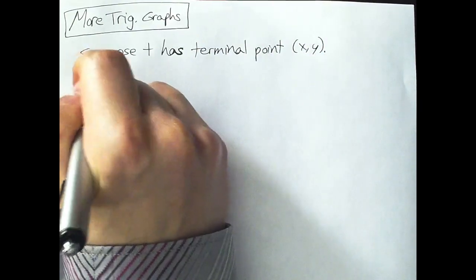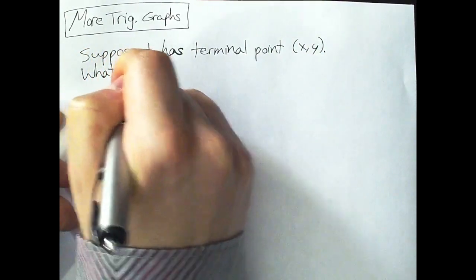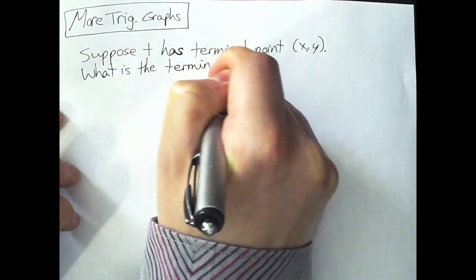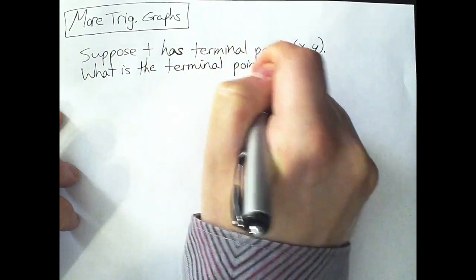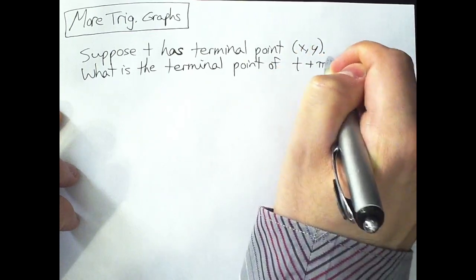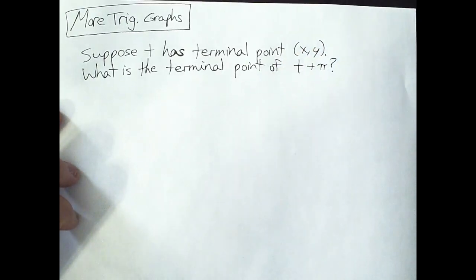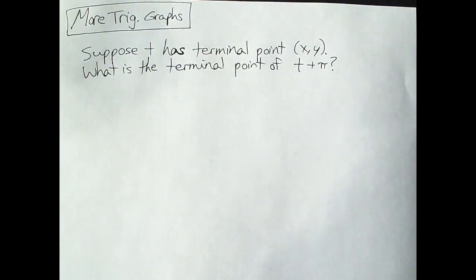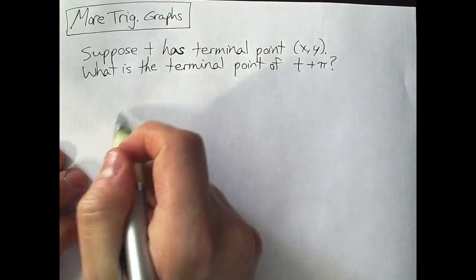Here's a question for us to think about. What is the terminal point of t plus pi? Let's think about this together. Is the terminal point going to be related to x comma y in some way? Let's draw a picture.